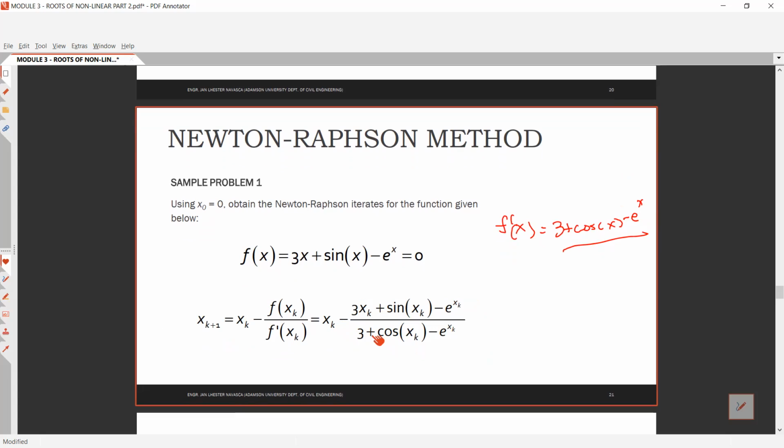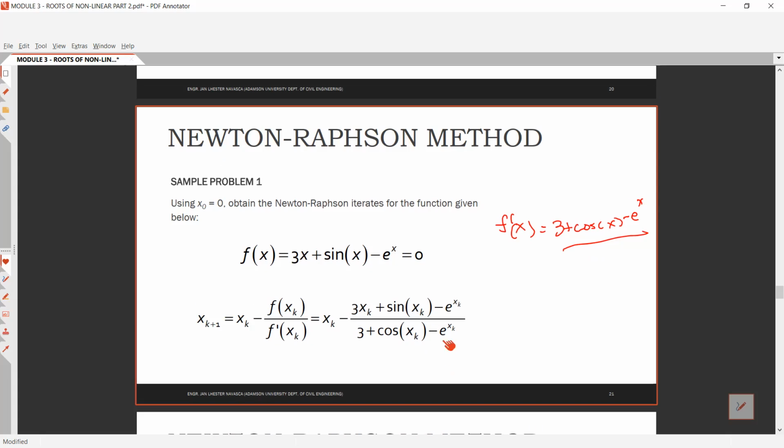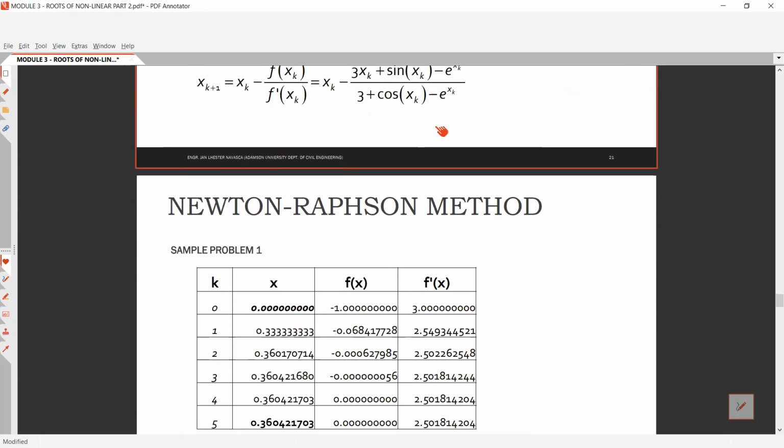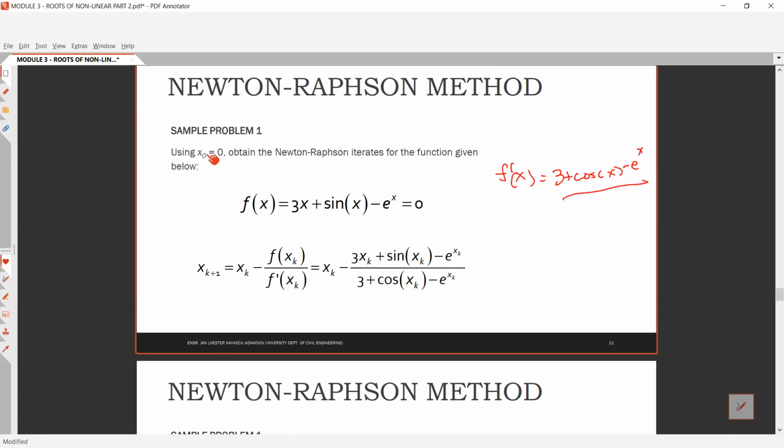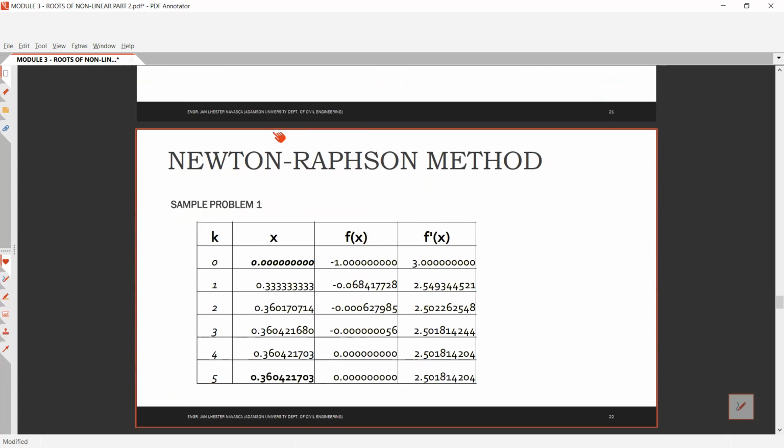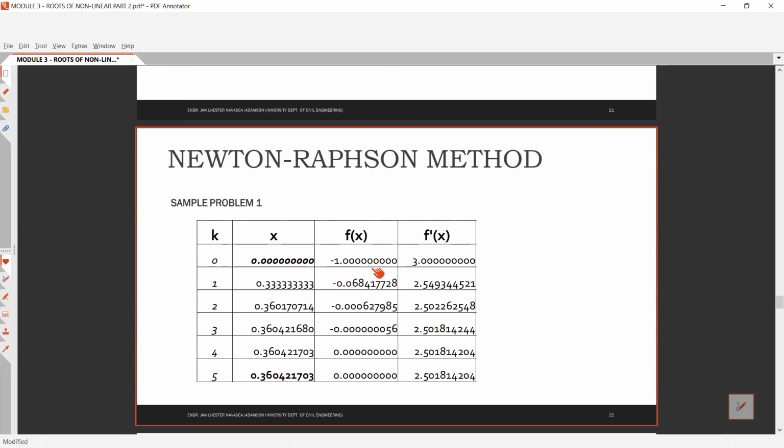So for the derivative, you have 3 plus cosine of xk minus e raised to xk. So, using an initial guess of x sub 0 equals 0, ito yung initial guess natin.